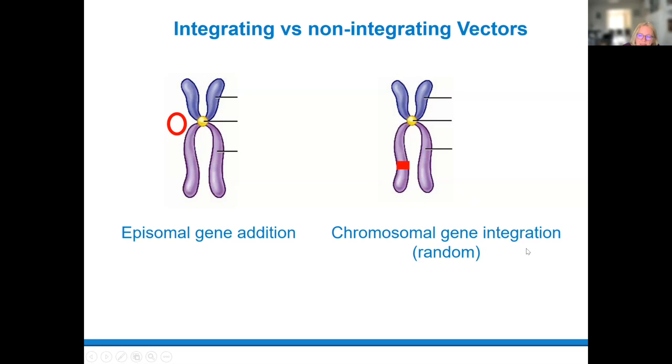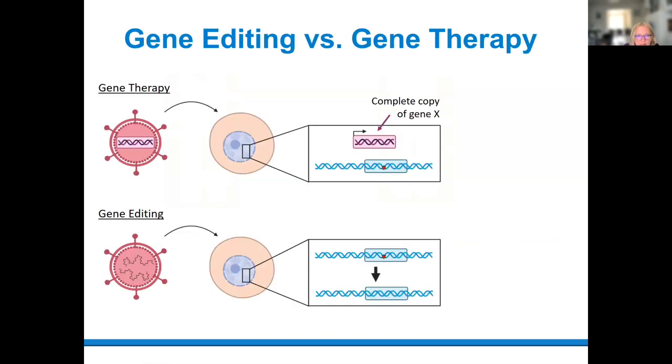However, we're also using integrating vectors, which do integrate into the chromosome and bury themselves away. Sometimes this integration has advantages because it means that the gene therapy product is produced for longer. So integrating versus non-integrating vectors is always a decision we have to make when developing a new product.